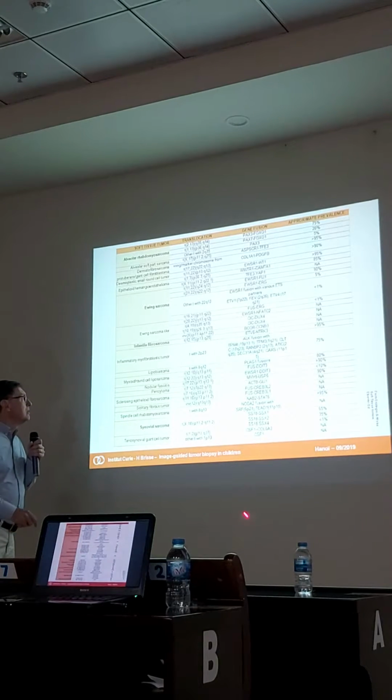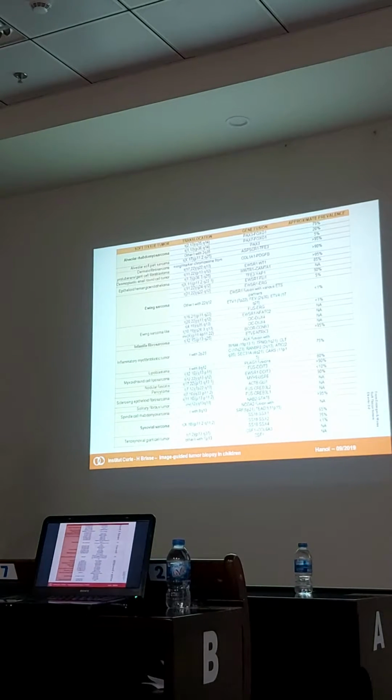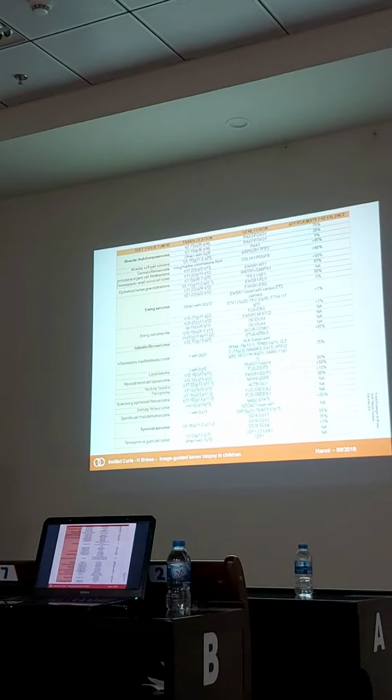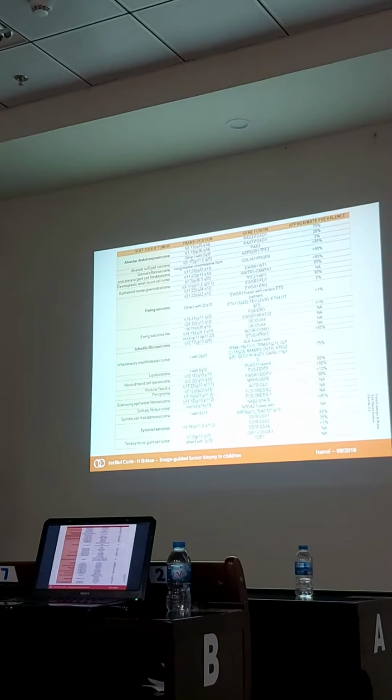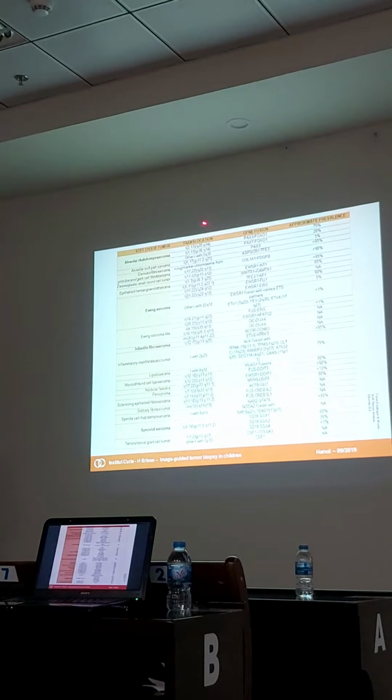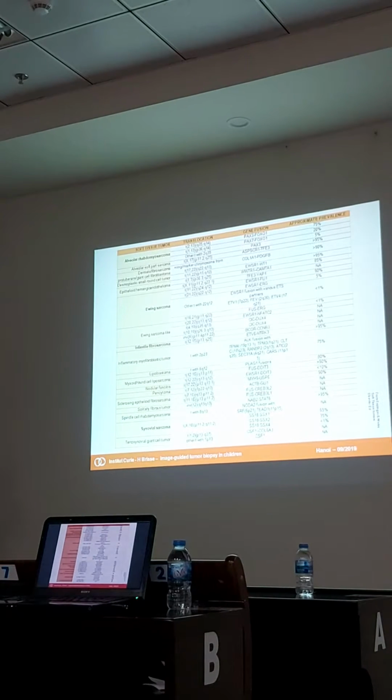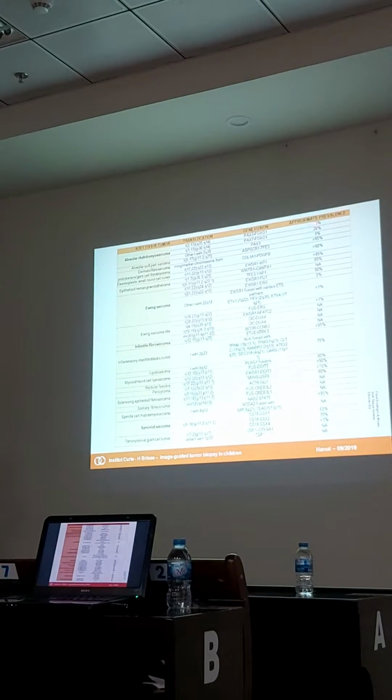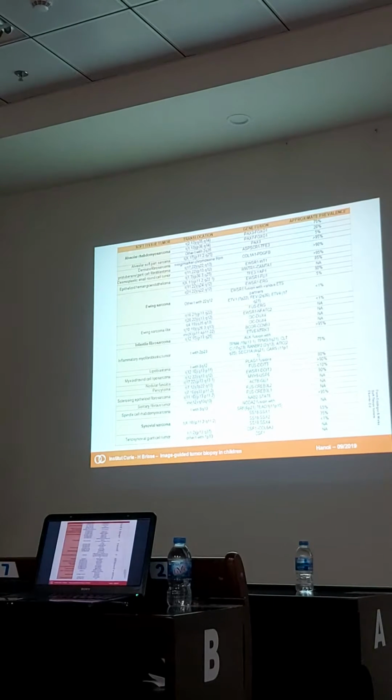For example, on this slide, you can see all the tumors, all the sarcomas that are associated with genetical abnormalities, mainly translocation, which lead to gene fusion. And this is the rate of this kind of abnormalities.